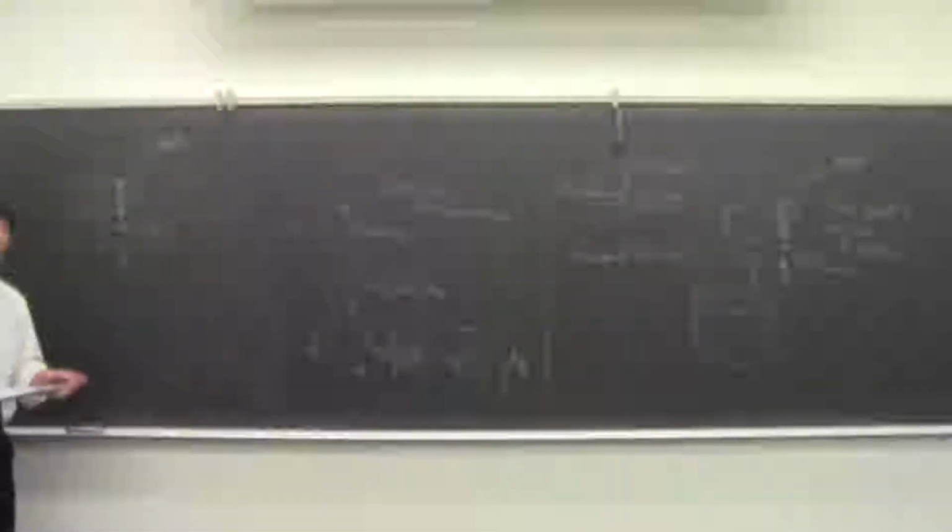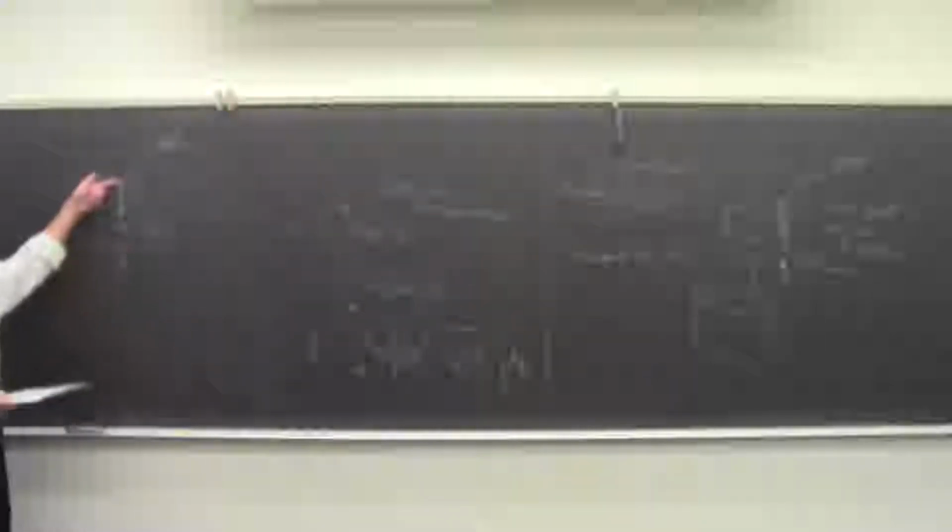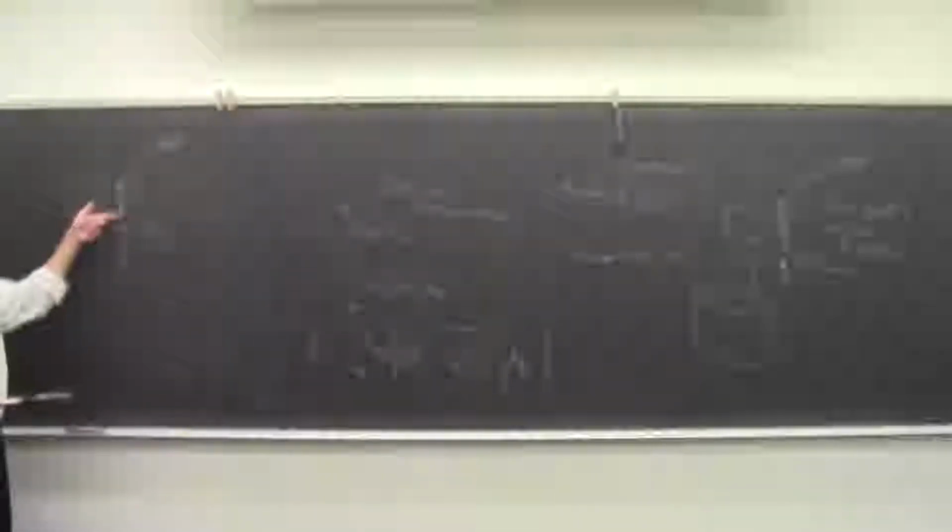Let's think about it this way. What's the height of this cylinder? Well, if this is x, the y value here is going to be u of x, and the lower value is L of x.